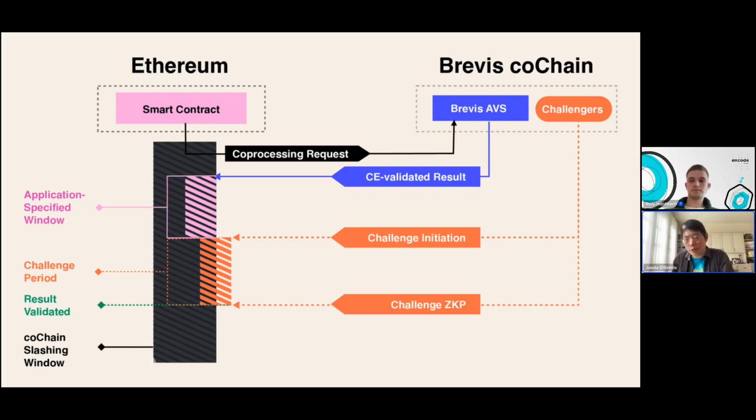The underlying Brevis challenge window is in days, and the co-translation window is in days, but that doesn't mean the application needs to wait. You can set your application-specified window to 0 and it still works, because the underlying Brevis system will guarantee that if there are any incorrect results, they will be overwritten by the correct ZK proof.